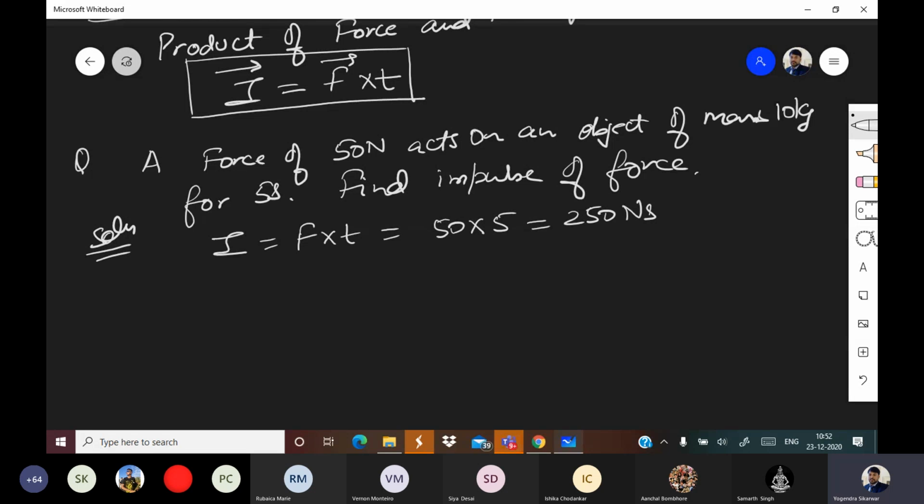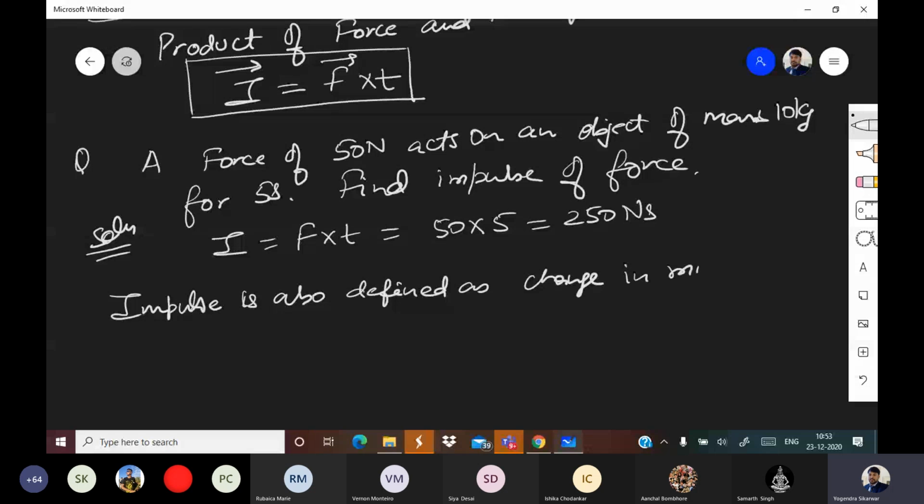Let us move further. Impulse is also defined as change in momentum. So I vector is equal to delta p vector.